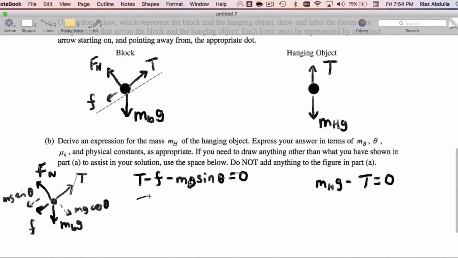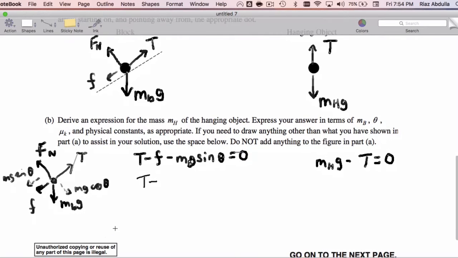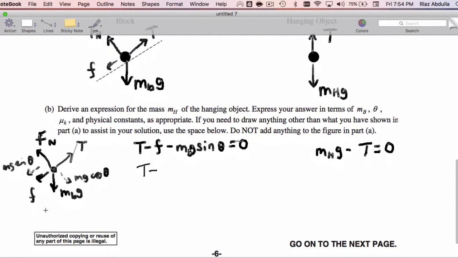Continuing on here, we're going to say T minus. Now, friction is mu times the normal force, so let's just get that set up real quick. We know that the normal force minus mg cos theta equals 0. And so using friction is mu times the normal force, Fn equals mg cos theta. So that means the friction force is going to equal mu k times mg cos theta.